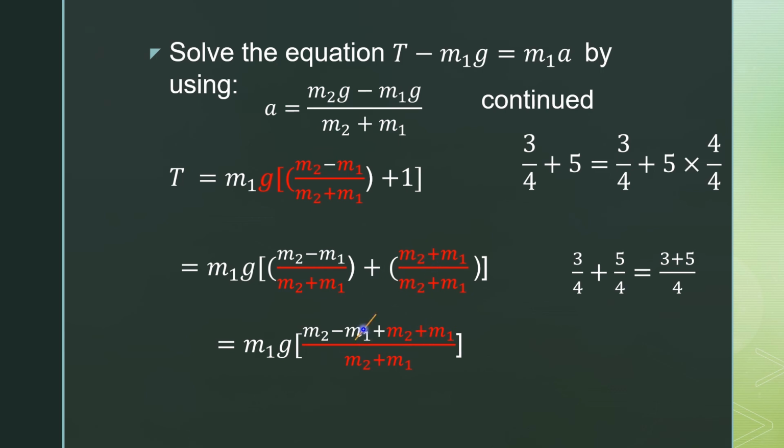This negative m1 and this positive m1, we can add together to make 0, or in other words, we can cancel them. Once we cancel them, we are left with m2, which means 2 times m2. So that is basically the solution for t. We can write it slightly differently, like this.